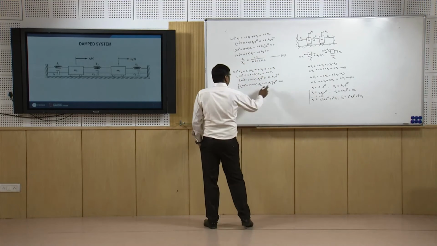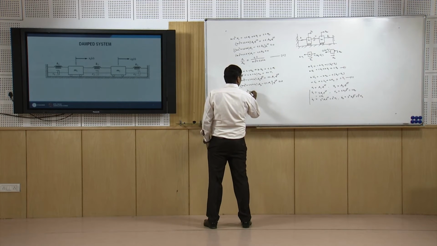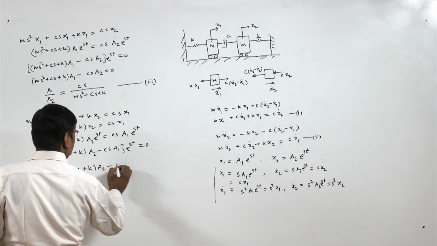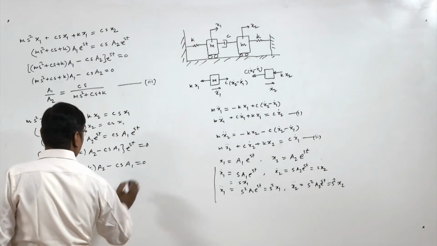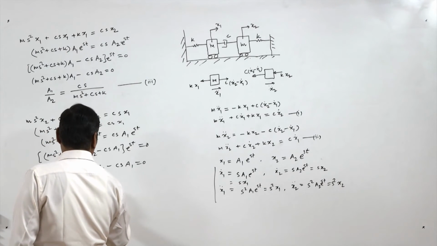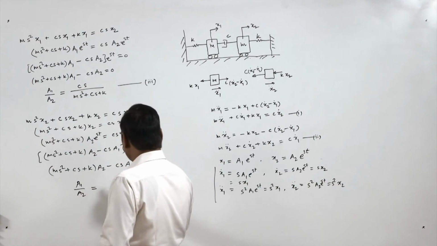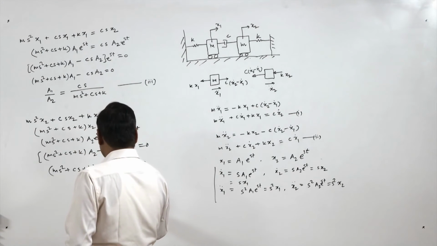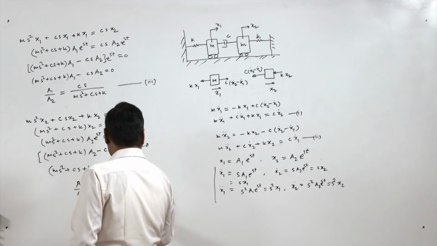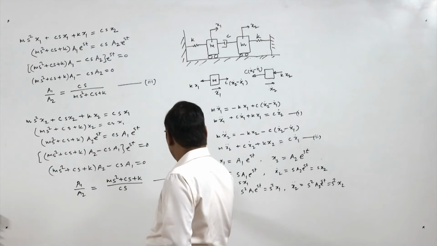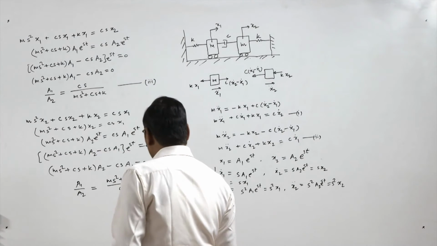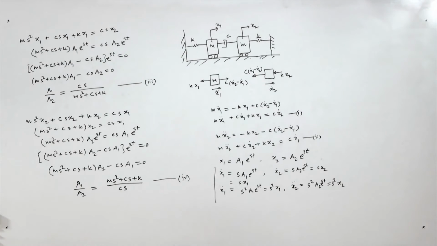Because e power st can't be 0, we have (m s square plus c s plus k) a2 minus c s a1 equal to 0, and so we get a1 by a2 equal to (m s square plus c s plus k) by c s.